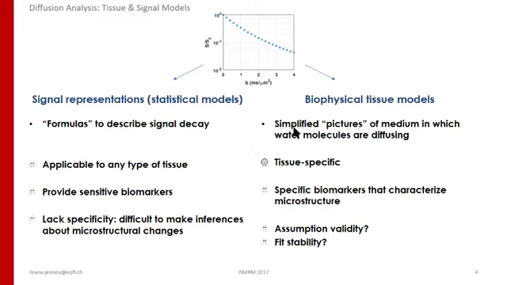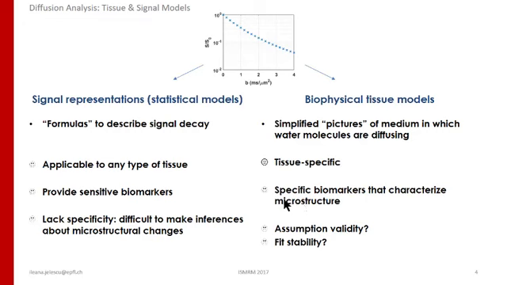On the other hand, you have these biophysical tissue models that are essentially simplified pictures of the medium in which water molecules are diffusing. Because you're drawing this picture, these models are each tissue specific, so you have to be careful which one you're applying to what.